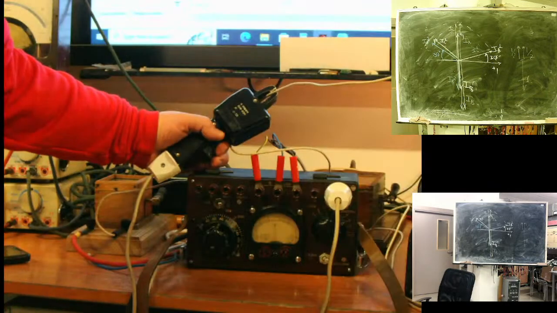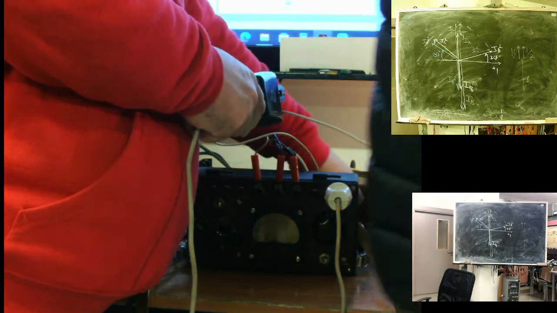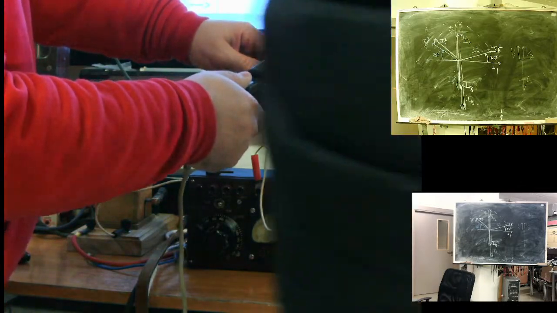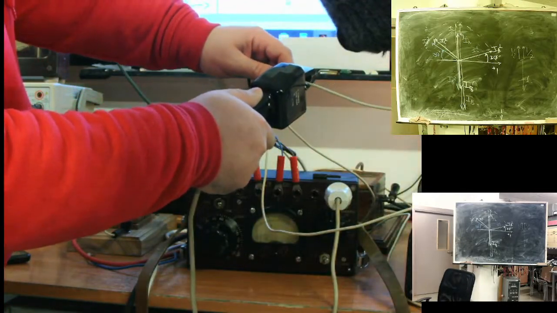It's like 2.5, 2.6. Should be 3. Maybe okay. So this one should be phase B. Let's check.